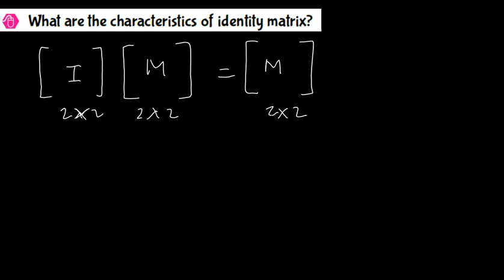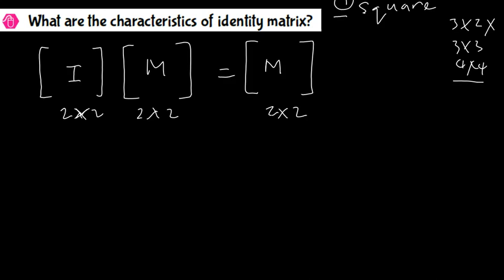So the first characteristic of the identity matrix is that it is a square matrix. It cannot be 3 by 2, no, cannot. It must be square, 3 by 3, 4 by 4, depending on your original matrix. Okay, so this is the first characteristic.